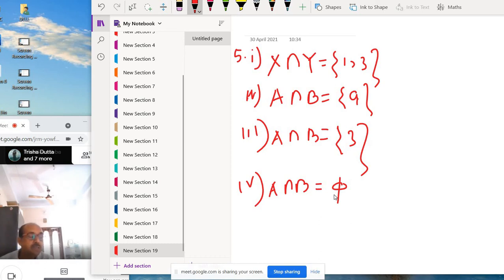No common point is there. So this answer is also null. Number 5 also, A intersection B equals null set.